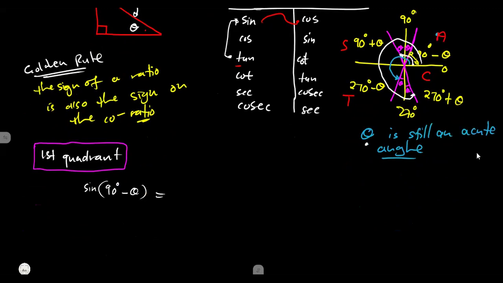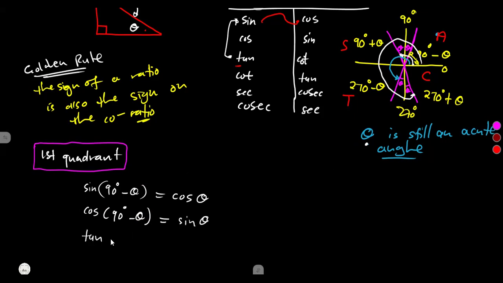So the co-ratio, as you can see, is the one that is going to change to an acute angle, because this one is not acute. So it's going to be cos of theta. This one is positive in the first quadrant, so it means this one is also positive. So the cos of 90 degrees minus theta is positive there. But remember, cos changes to sine. So it's going to be sine of theta, also positive.